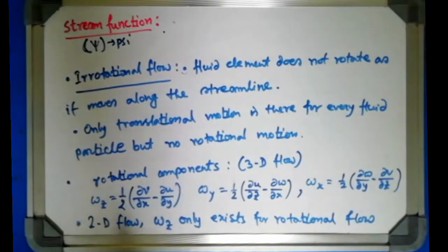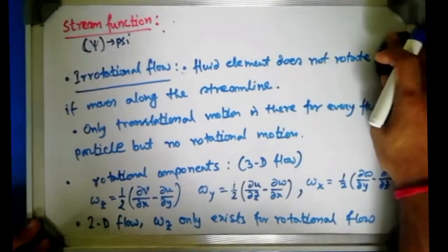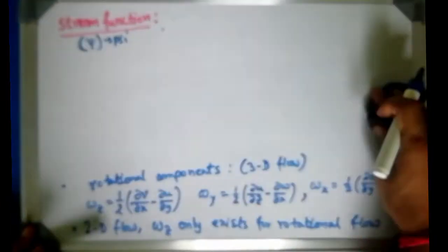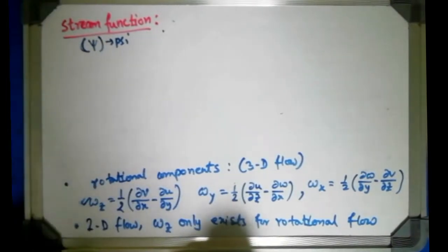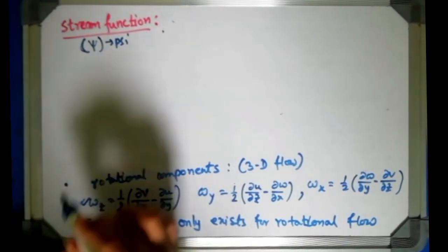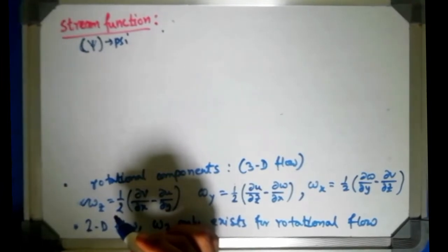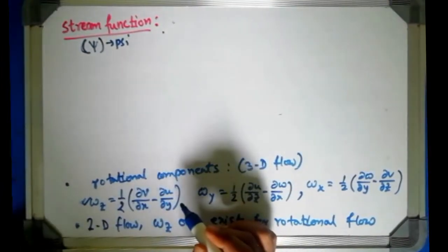Now, the stream function is only valid for 2D flow, so only the omega z component will be there. We are going to substitute this expression into the stream function.